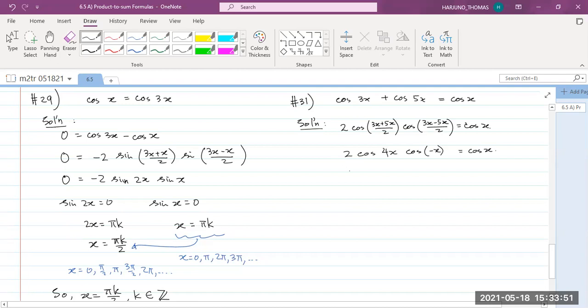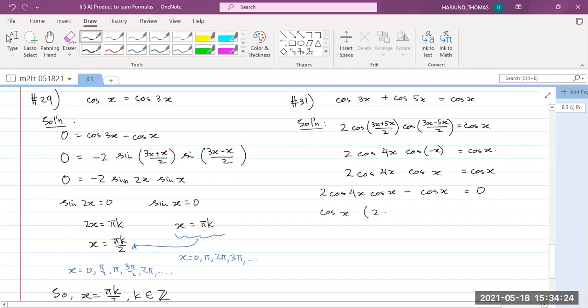But cosine negative x is just cosine x. Now then, I set one side equal to 0. Never divide by any expression that is possibly 0, unless you are aware that it is possibly 0. The correct way of showing the work is this way. And then I factor cosine x.